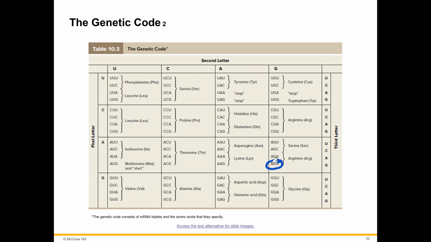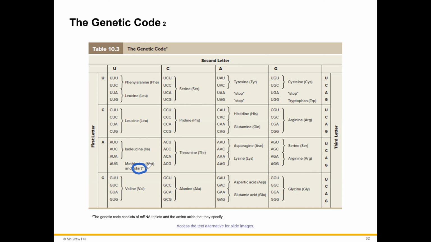We have our 3 nucleotides, called a codon, that specifically codes for an amino acid. Now, if you look at this one, AUG, this is methionine, which is the start codon.